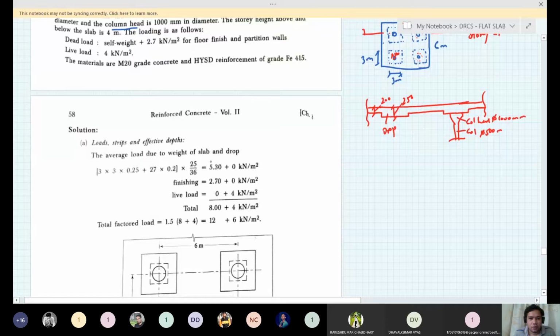The average load due to the weight of the slab and drop. If you see this figure, you have a panel size of 6 meter by 6 meter, in which you have a drop of 3 meter.